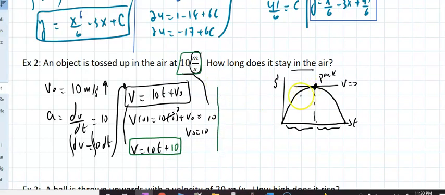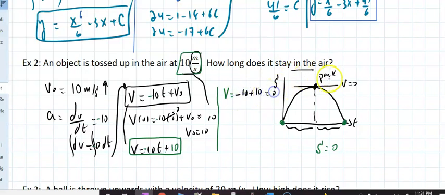Now, I could solve for s and set s equal to 0. So if I solve for s and set s equal to 0, that will tell me the initial and the terminal. Or I could take the velocity. Oh, that was a negative. I lost track. That was a negative then, right? Otherwise you can have negative time, and it's due to that you figure things are up or down.